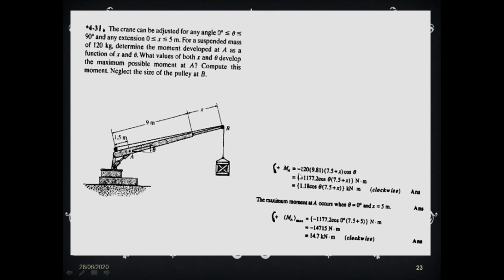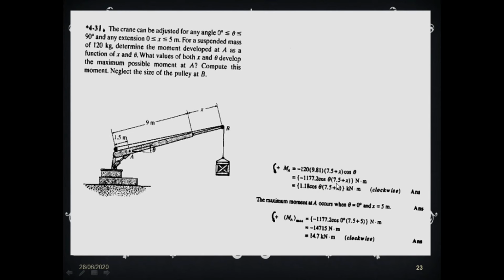Why is the minus sign coming? The minus sign is coming because the crane is fixed at A and this weight is acting downwards. If you see my mouse cursor, this force is going to take it in the clockwise direction, and since it is taking it in the clockwise direction, it will be a negative sign. So you multiply 120 into 9.81 and you will get 1177.2.